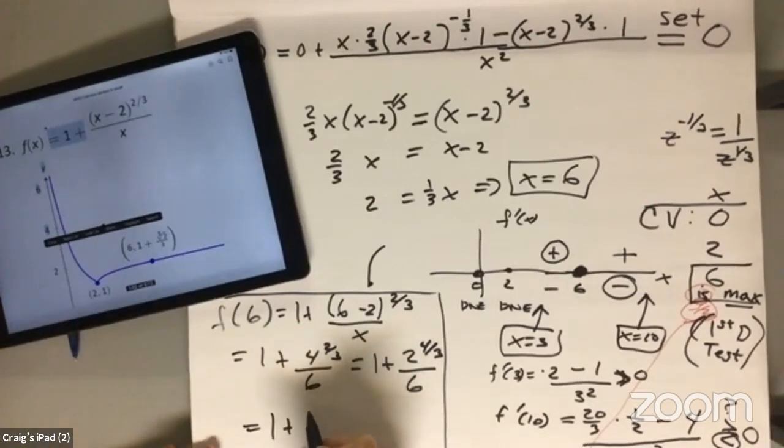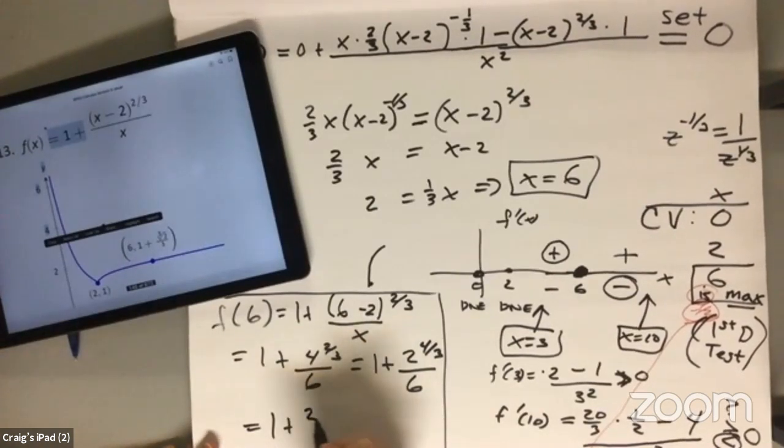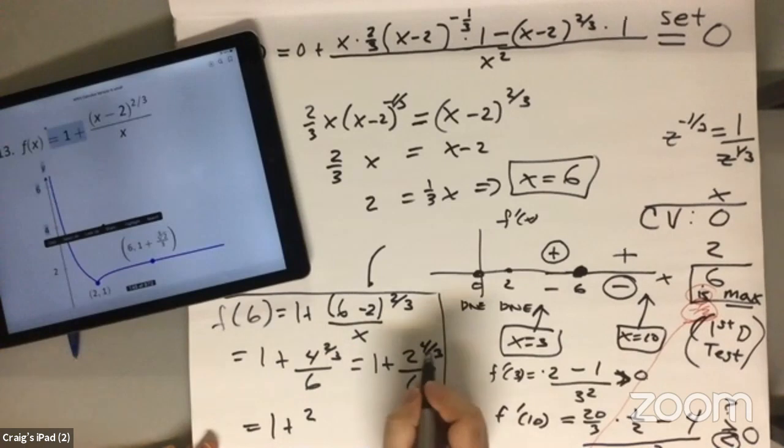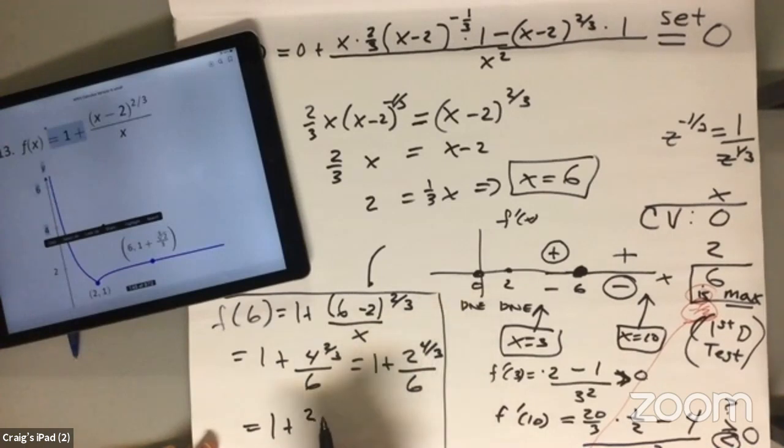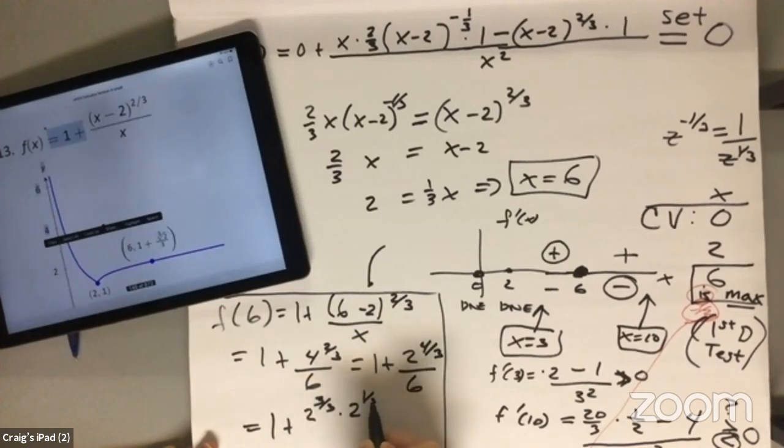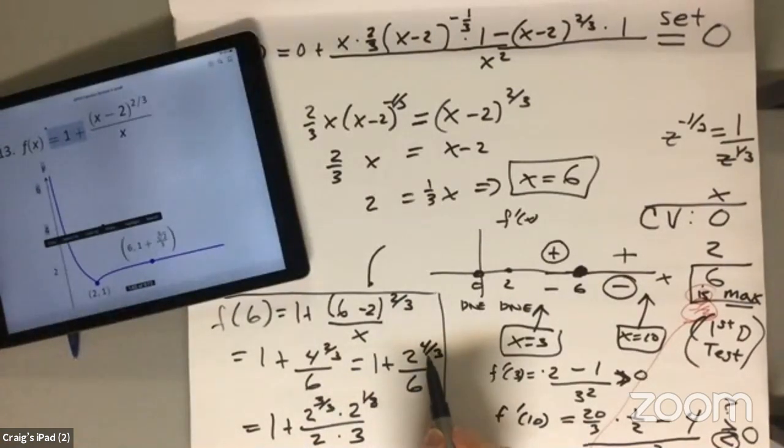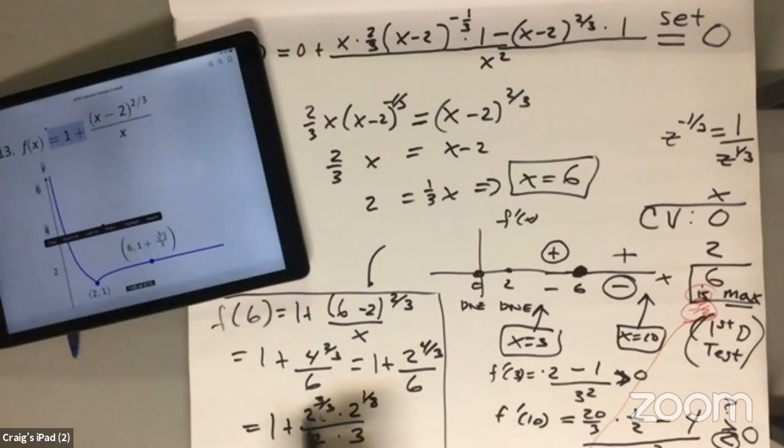What I have here is 2 to the 4/3, which means I can take out 2 to the 3/3 times 2 to the 1/3, divided by 2 times 3. So 4/3 is 3/3 plus 1/3. And I took the 3/3 out because that's just 2 to the 1 power.